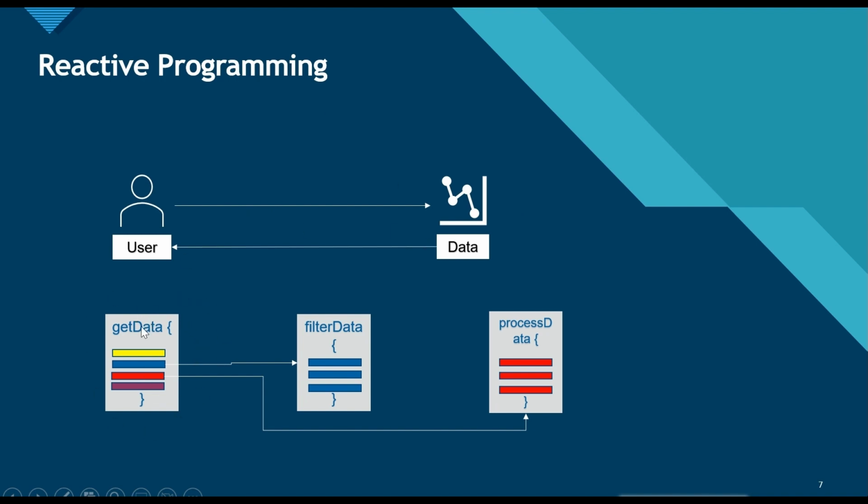In that way, the code is non-blocking. Once the data is returned from the data source, the thread can resume the execution of this code from there onwards. Also, the data is not returned in bulk from the data source; it's decomposed and returned in the form of data streams.